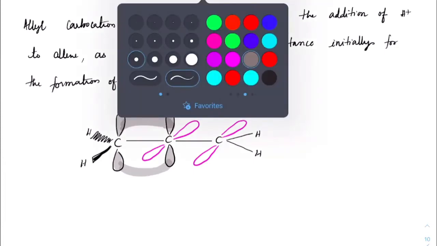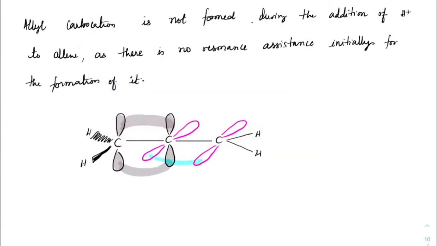And when we added H plus to this carbon, see where exactly is the resonance happening in the second case. Here we have resonance happening between these two. Are these two parallel to each other? These orbitals are not parallel to each other. So in case H plus gets added here, correct, then we say that this carbon is getting positive charge.